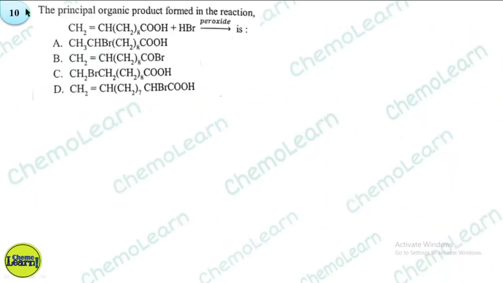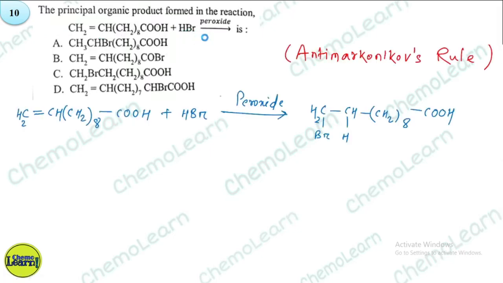Question number 10. The principal organic product formed in the reaction. So this is nothing but an addition reaction. We are adding HBr in the presence of peroxide. Generally in an addition reaction we follow the Markovnikov rule, but in the presence of any organic peroxide, the anti-Markovnikov rule is followed.